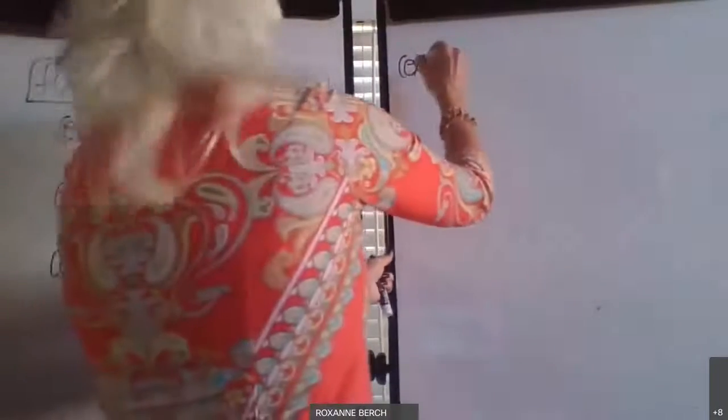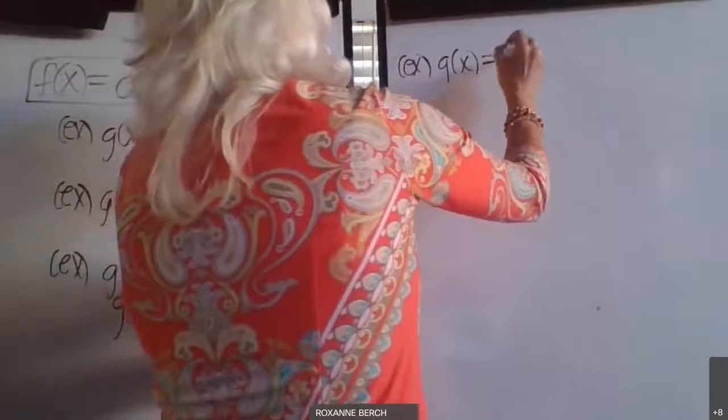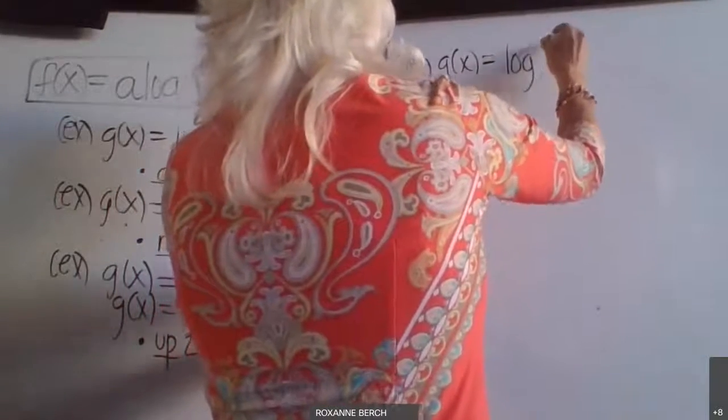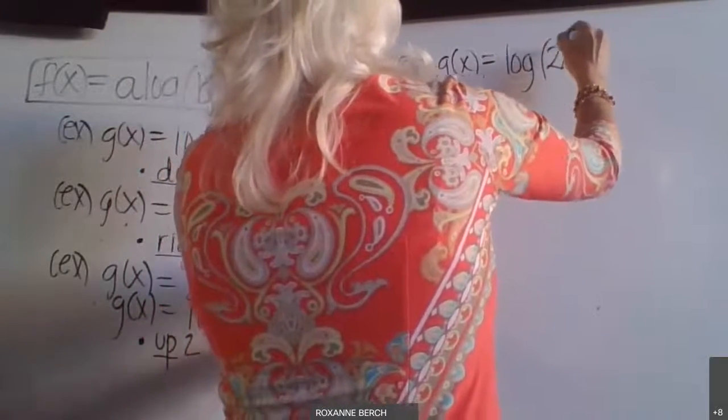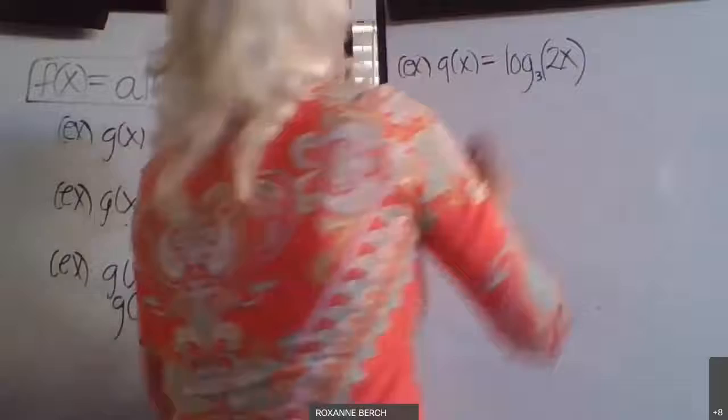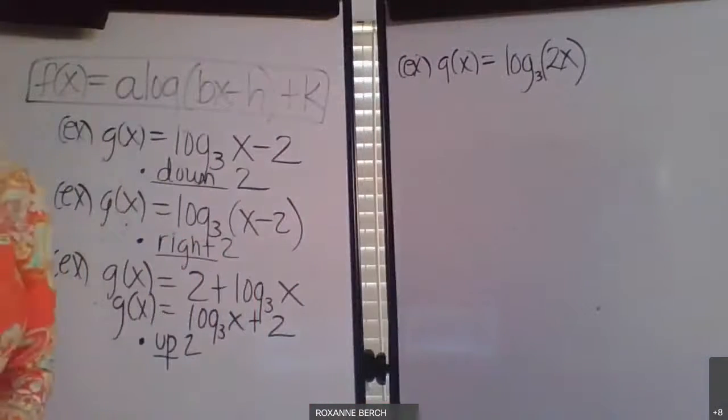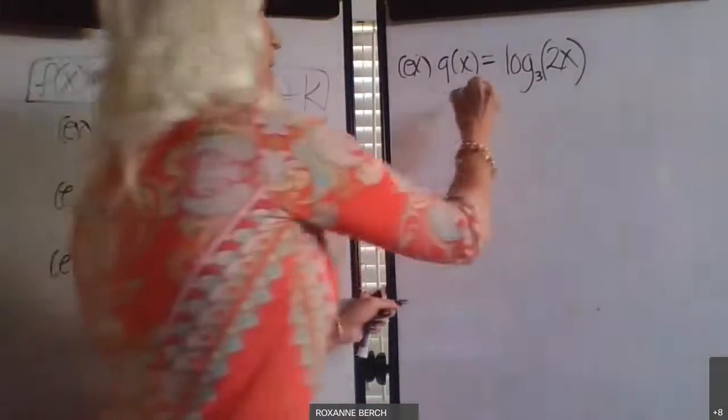Okay, I'm going to try to trick you now and see if you can get this one. So that's log base 3 of 2x. Is that A, B, H, or K?